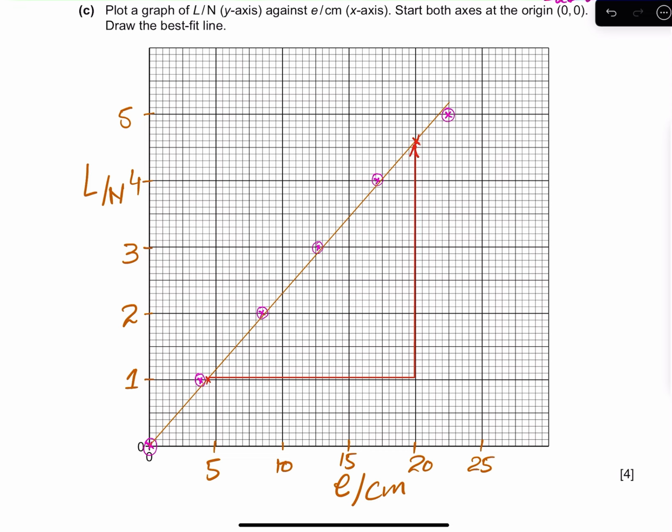This is the rise and this is the run. You have to show it here. It's y2 minus y1, and this will be x2 minus x1. Now you have to subtract the coordinates and put the values here. So for the gradient, g will be equal to (y2 minus y1) divided by (x2 minus x1).